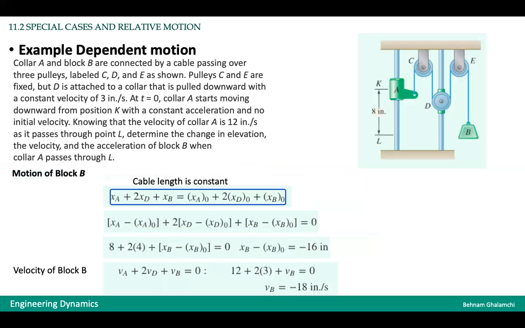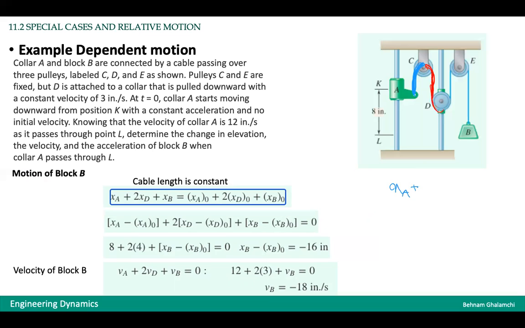The next step is planning to do the motion analysis of block B. But before that, we need to find the relationship between XA, XD, and XB. Do the same analysis: find the length of the rope. Length of the rope, that is part XA plus, it comes down here.